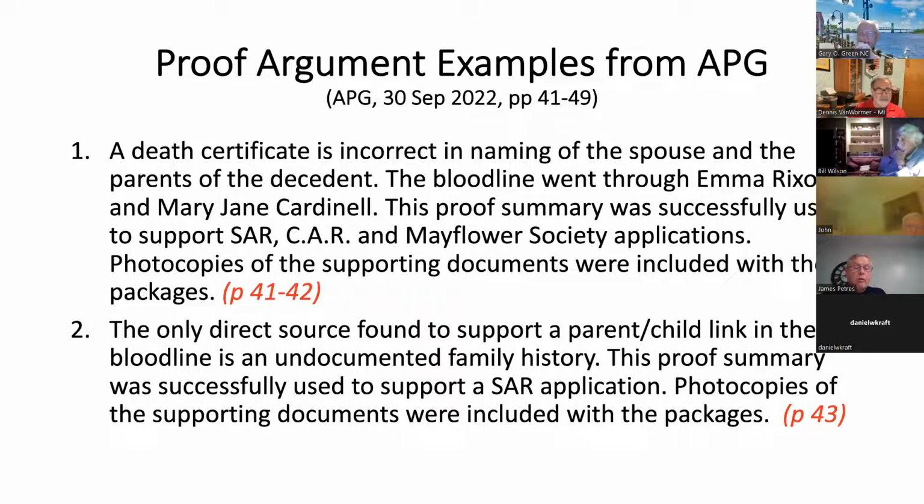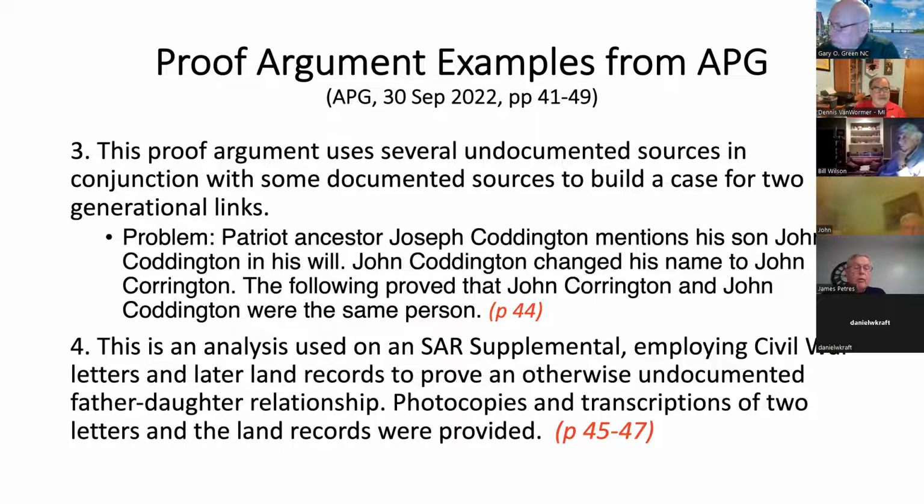The second one: the only direct source found to support a parent-child link is an undocumented family history, but they were able to find other documents as indirect evidence to build the proof that the link was established. The third one, I think this is the new one, was quite interesting because it had a number of undocumented sources that normally would not be acceptable, but it had some documented sources, and together they could build a case for 2 generational links.